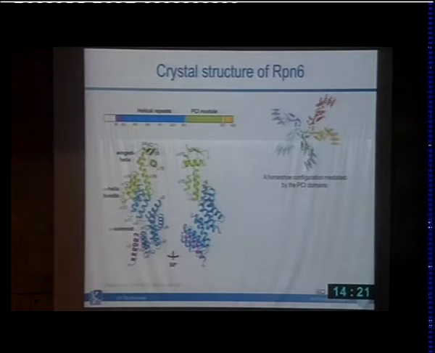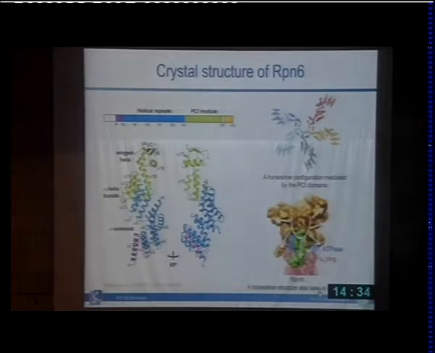The interesting observation was that in the crystal packing, RPN6 formed a hexamer with a horseshoe configuration that was mediated by the PCI domains here. And we had observed in the EM structure already this type of horseshoe arrangement. So that was in nice agreement.